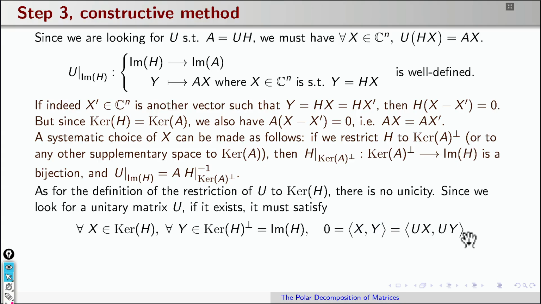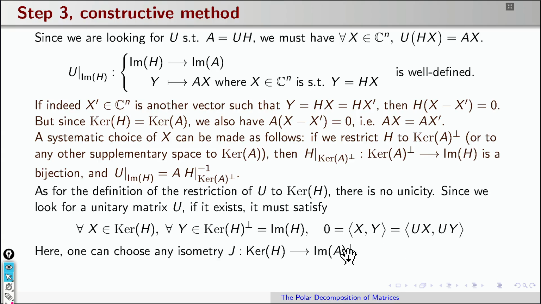The image of this restriction by U will be in the image of A. So if X is in the kernel, U of X will be perpendicular to an element in the image of A. It means it must have values in the orthogonal of the image of A. So we just need to choose any isometry.